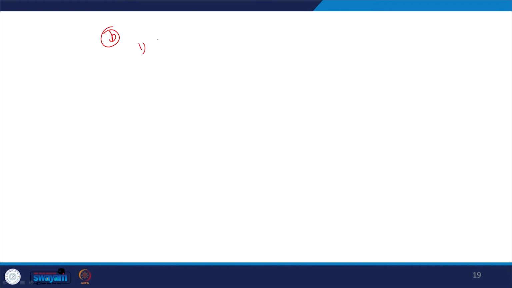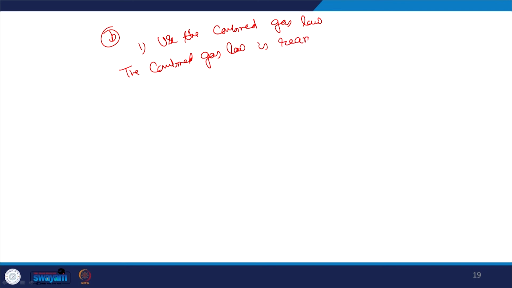Now, use the combined gas law. Now, the combined gas law is rearranged to isolate T2. Now T2 is equal to P2 V2 T1 over P1 V1.